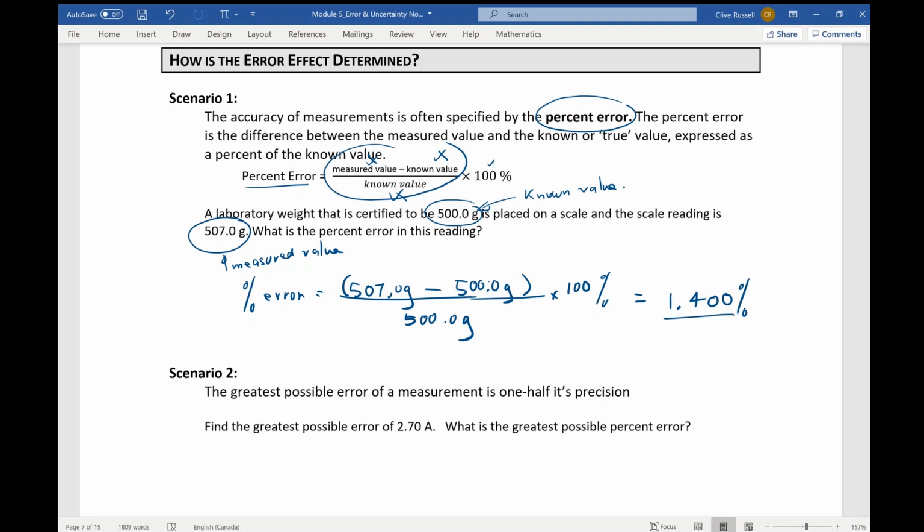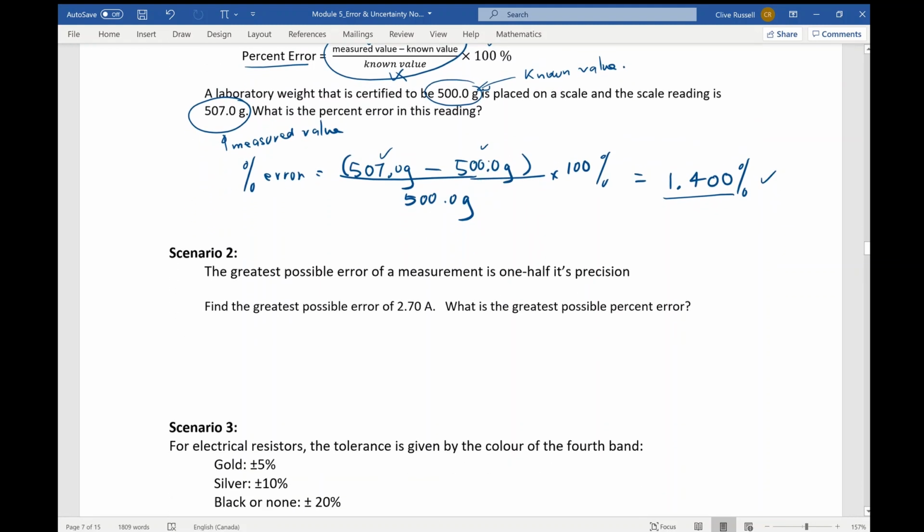Well, remember that for percent error, you need to match the significant digits, right? So in this case, in the measured value and the known value, we had 4 significant digits. So we need to have 4 significant digits there also.